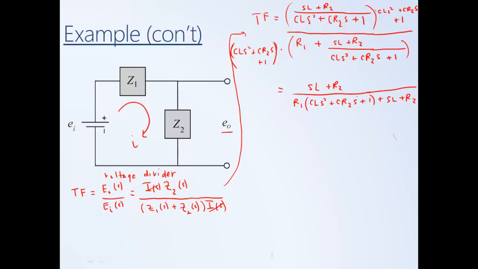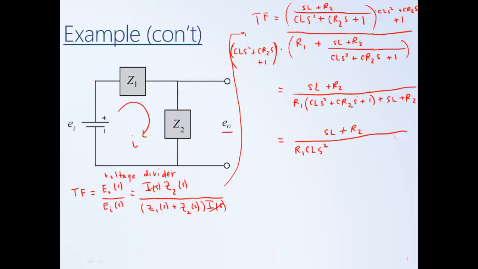Now this is done. So we've gotten the transfer function, we've reduced it into a form of a single polynomial divided by a single polynomial. We could stop there, or we could distribute the R1 and gather like terms. So I'll go ahead and do that real quickly. Our numerator is SL plus R2. If I distribute this R1, R1 times C times L S squared.